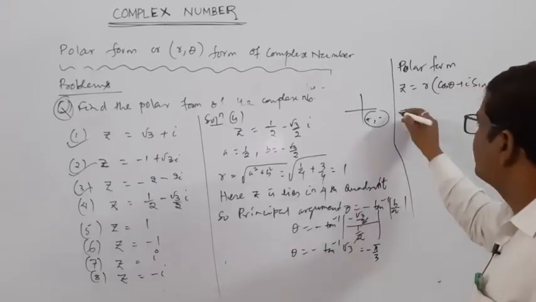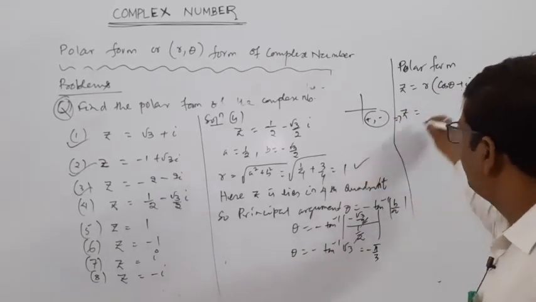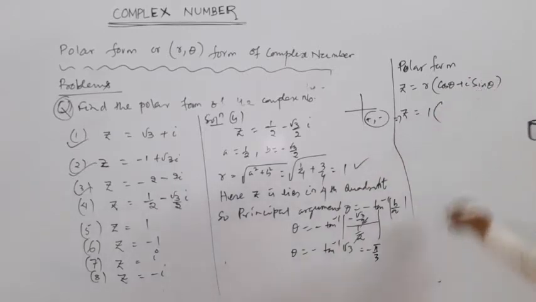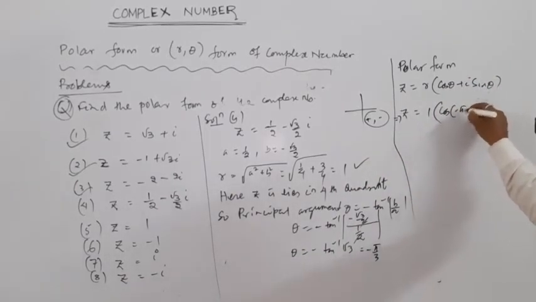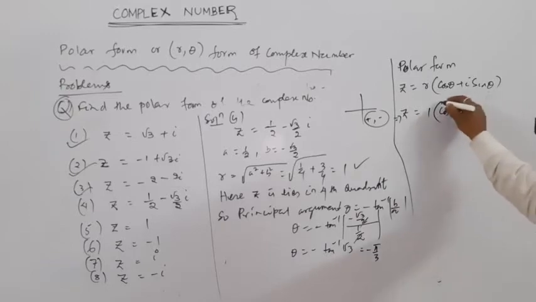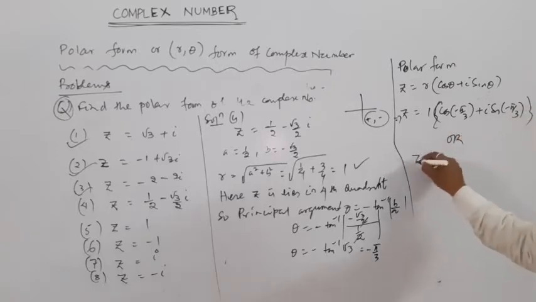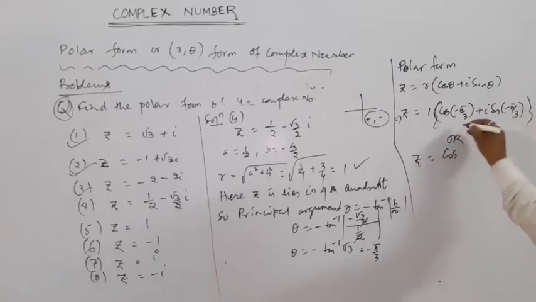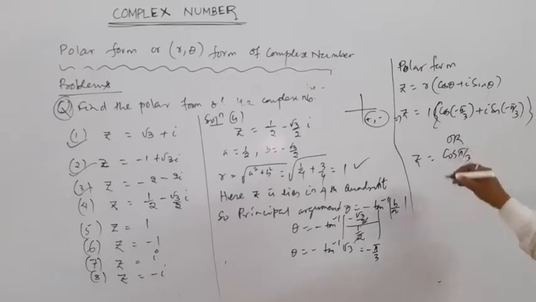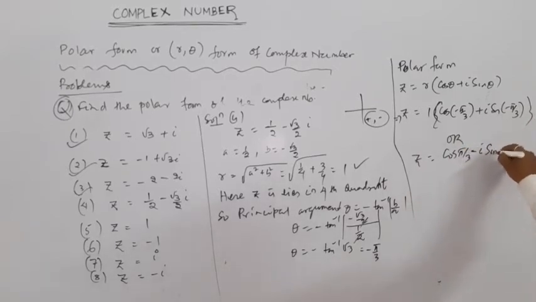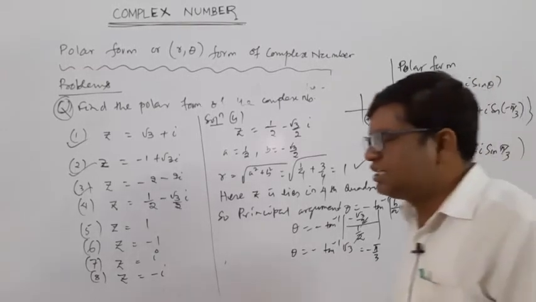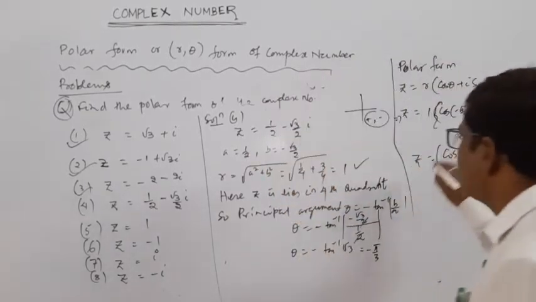The value of r is equal to 1, and cos of minus pi by 3 plus i into sin of minus pi by 3. You can also write z is equal to cos pi by 3, since cos of minus theta is cos theta, and sin of minus theta means minus sin theta, so minus i sin pi by 3. This is the polar form of the complex number z.